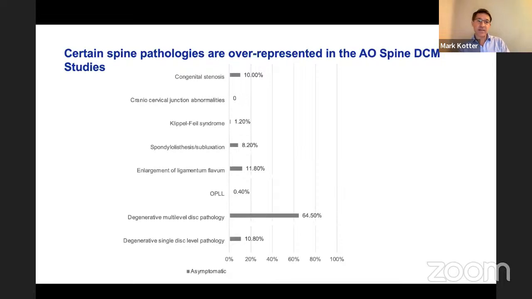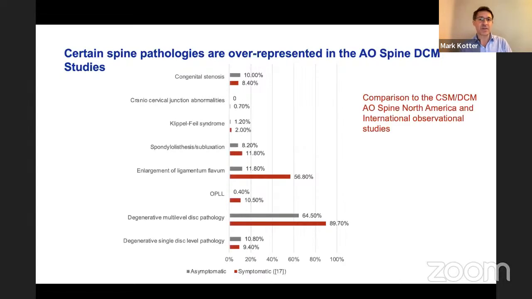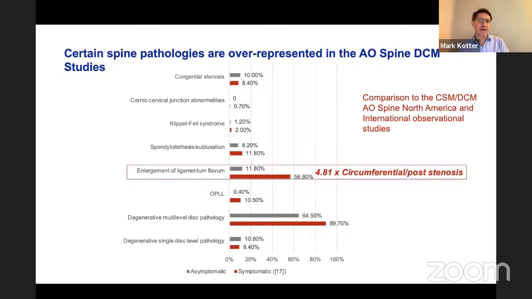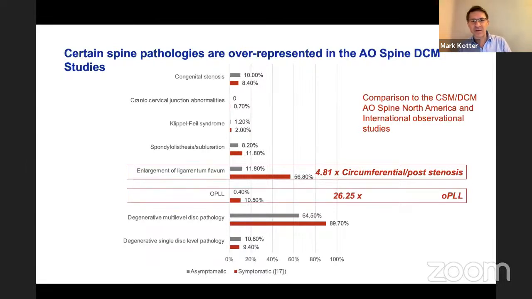And then when you look at these symptomatic cases that were included in the AO International and in the AO North American myelopathy studies, you can see enrichment of certain pathologies. In particular, enlargement of the ligamentum flavum was overrepresented. OPLL, massively overrepresented.